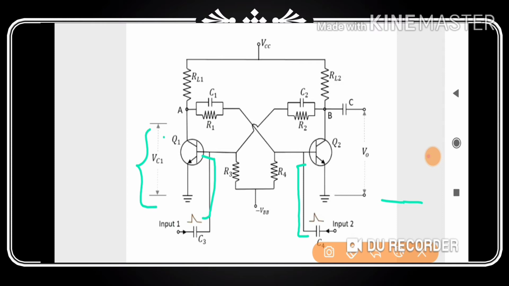The collector current of Q2 applied at the base of Q1 reverse biases Q1, and this cumulative action makes the transistor Q1 go to the off state and Q2 to the on state. This is another stable state of the multivibrator.